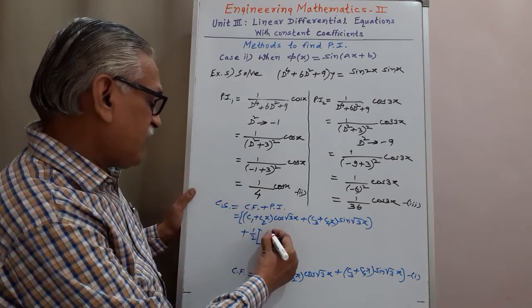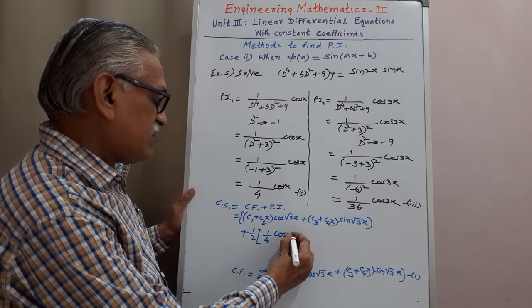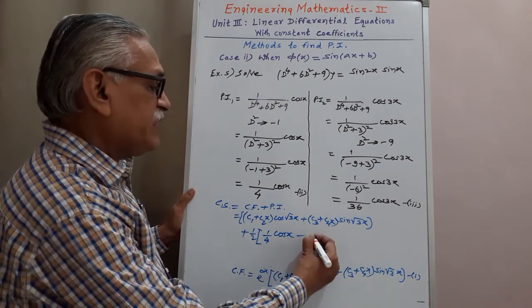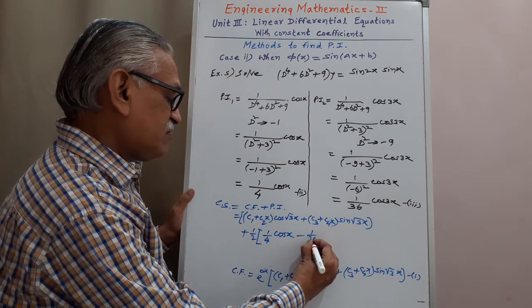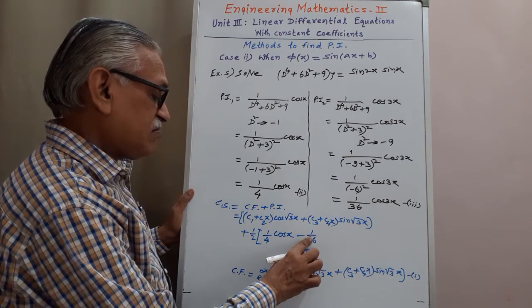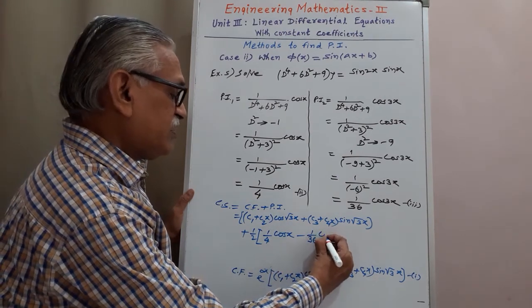PI1 is 1 by 4 cos x minus PI2 1 by 36 into cos of 3x.